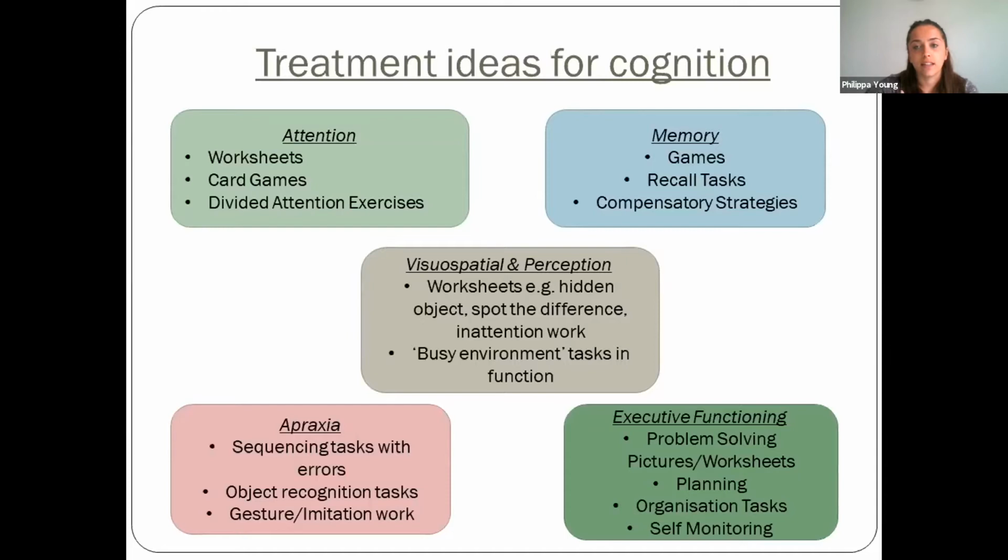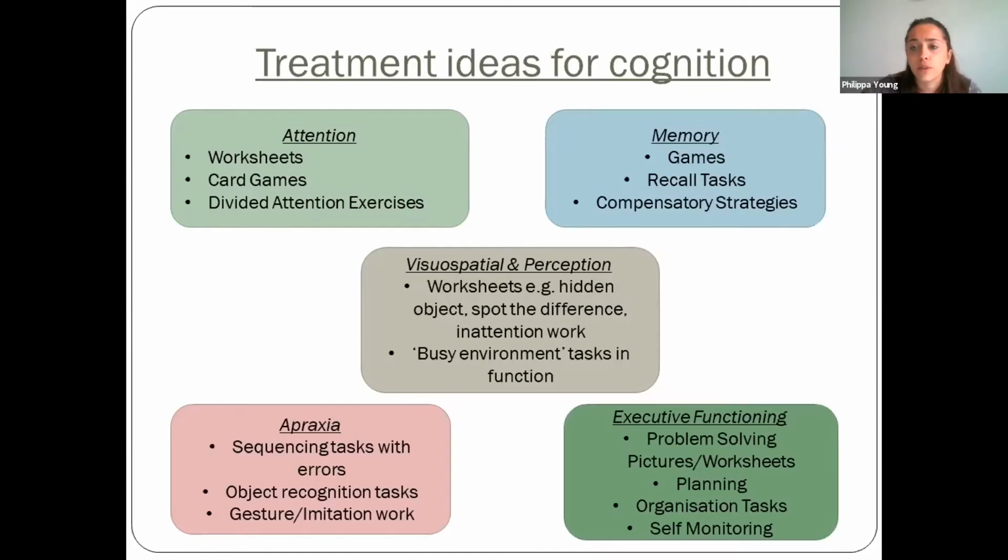You can assess the setting up of the platform that we use as part of their treatment as well. Attention card games, divided attention exercises. For example, giving the patient 2 tasks to do at once, either switching between the 2 and asking for target words and things that they're looking out for in particular tasks.